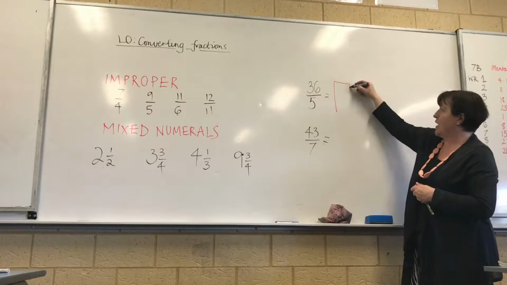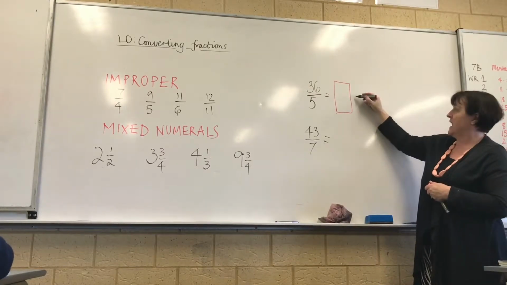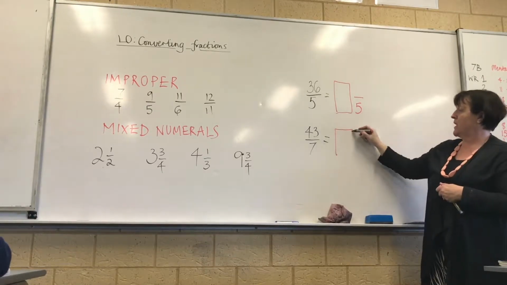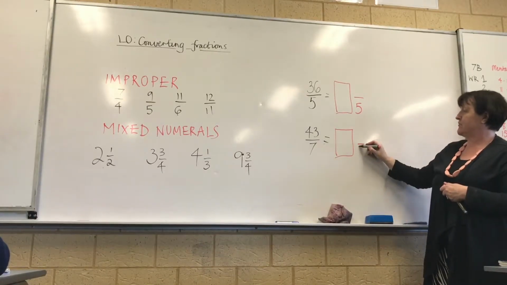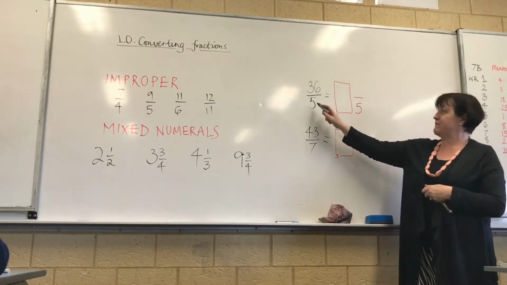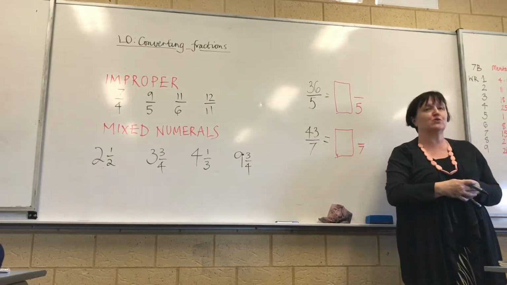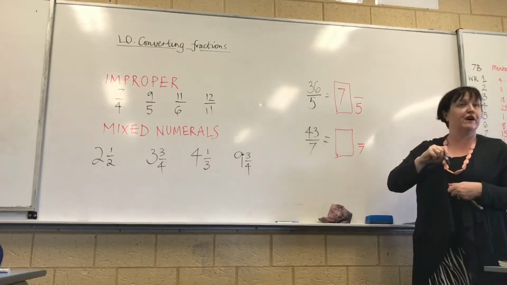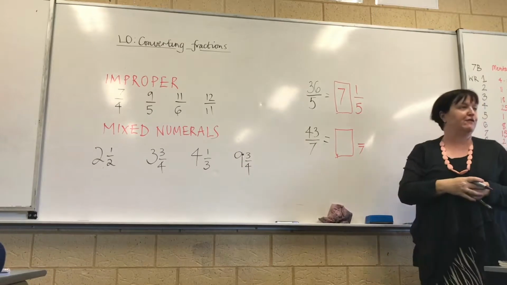Remember, you're going to end up with a whole number and a common fraction with the same denominator. So, how many 5s are there in 36? Oh, lots of hands went up then. 7. And how many left over? 1. So it's 7 1/5.